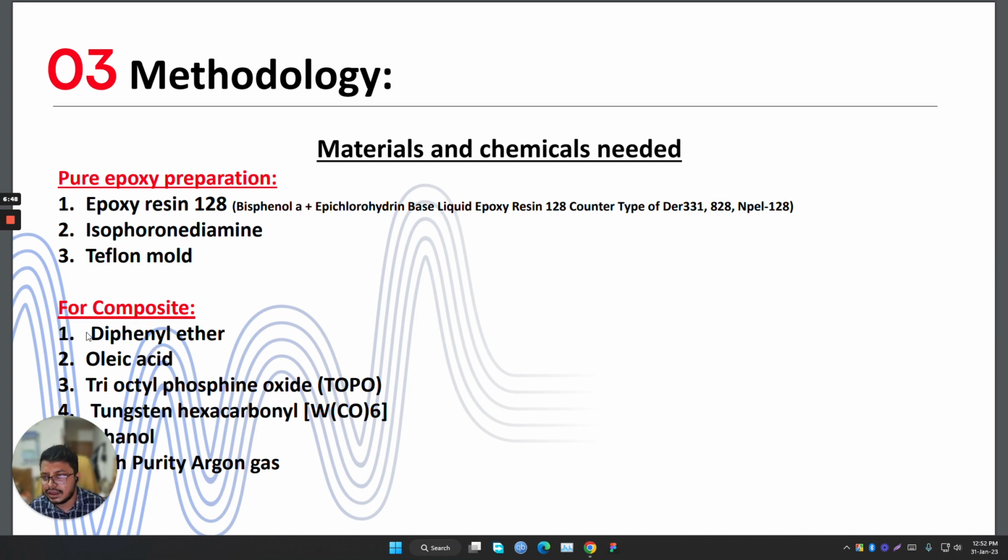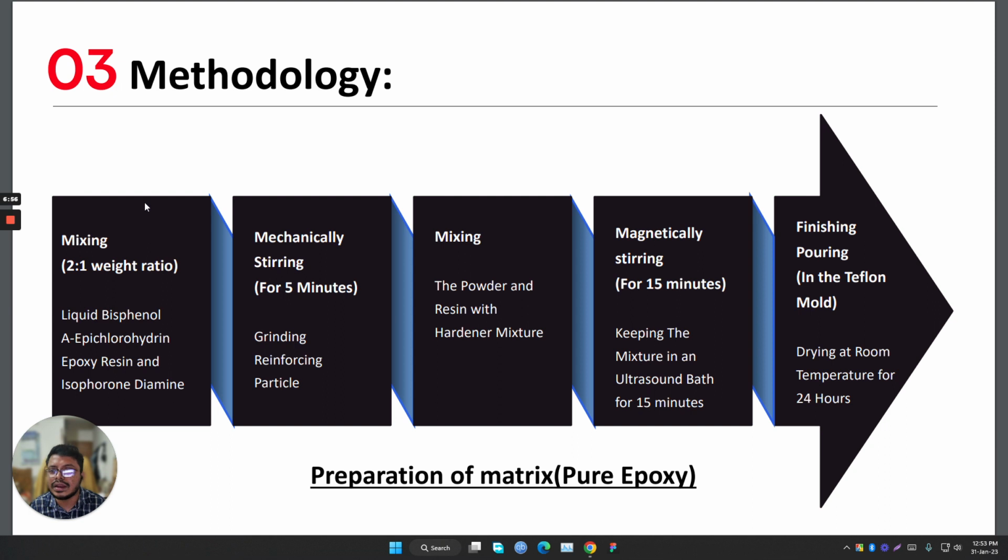All of these chemicals we used for making composite and pure epoxy preparation. Then go to the next slide, which is the method we used in preparation of composite and epoxy resin.